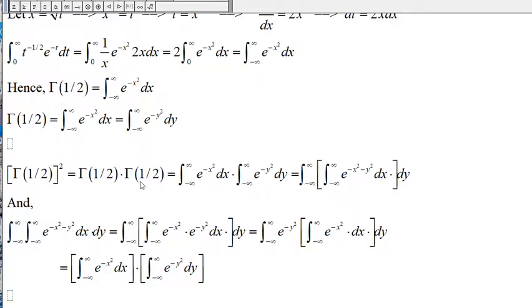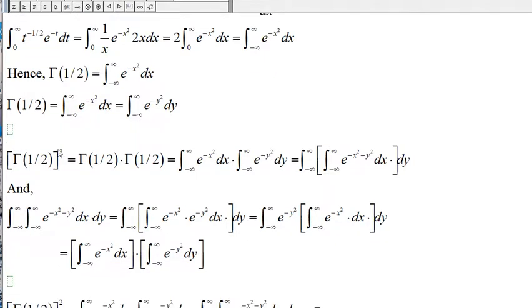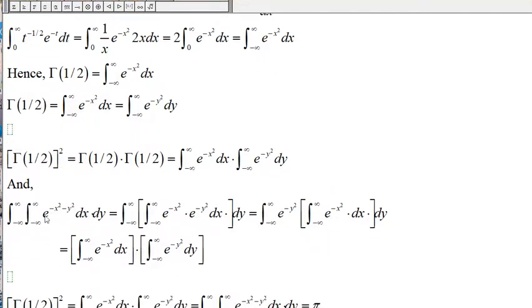And then this gamma 1/2, we can write it as the integral from negative infinity to infinity of the function e to the negative y squared. And now notice the following. The double integral of e to the negative x squared minus y squared.